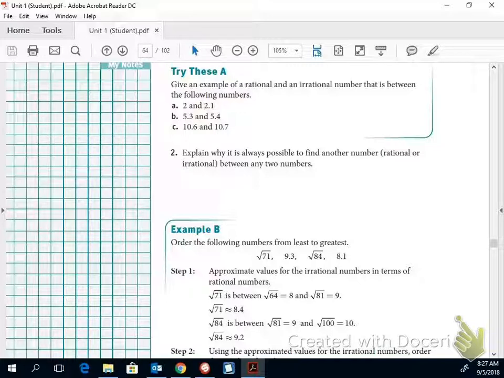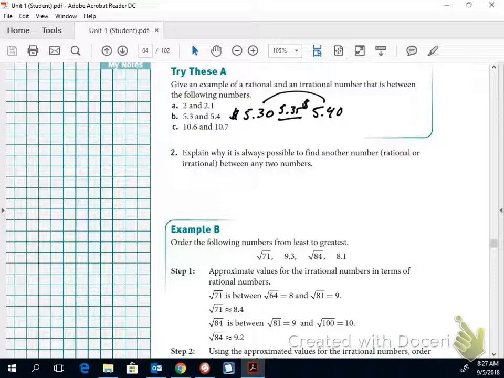Think in terms of this: $5.30, $5.40. Give me something between it. 5.35. Awesome. 5.35 definitely falls between these two right here.